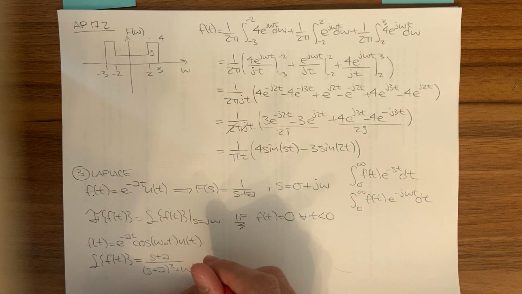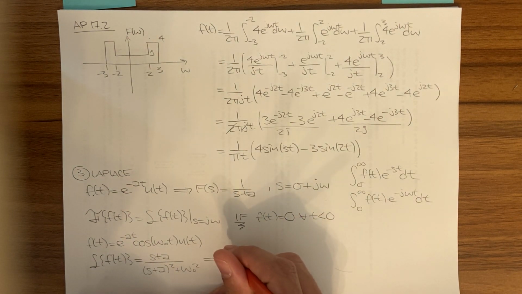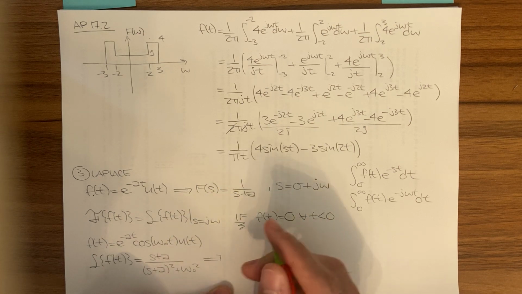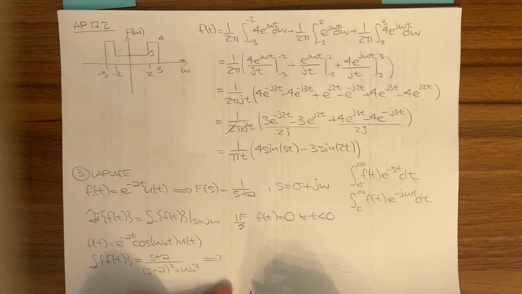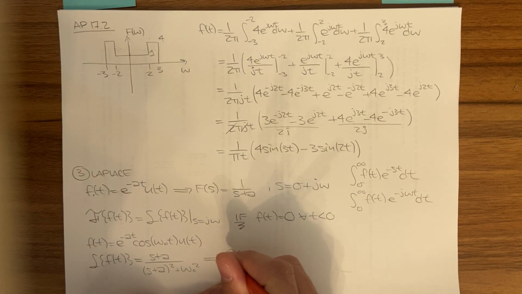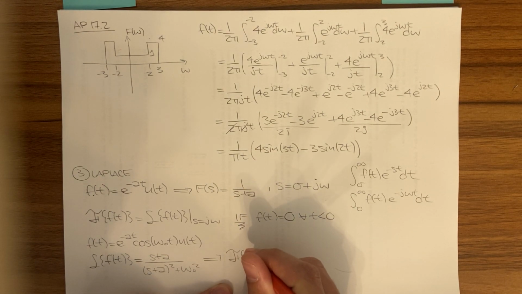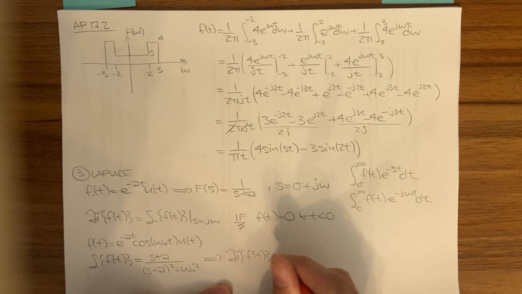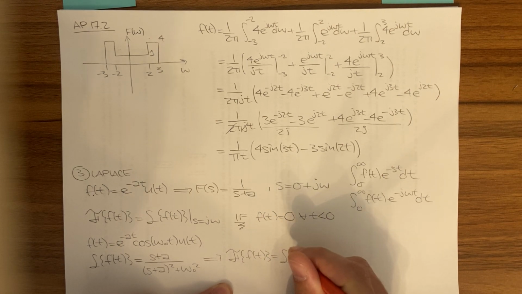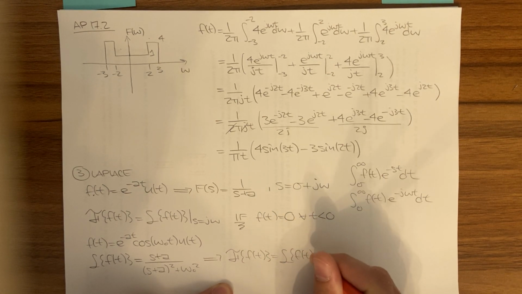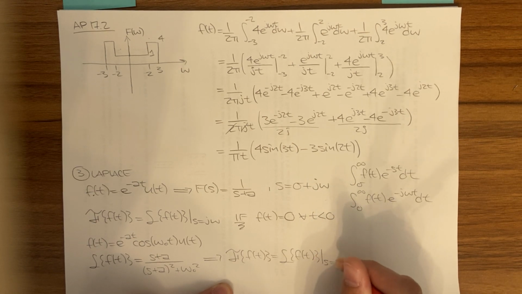So if we want to take the Fourier transform of this, I mean, sure, you could throw this in an integral and solve. It'd be horrible. I don't even know if you could get there, to be honest. But to make our lives easier, we can say that the Fourier transform is just the Laplace version, evaluated at s equals j omega.